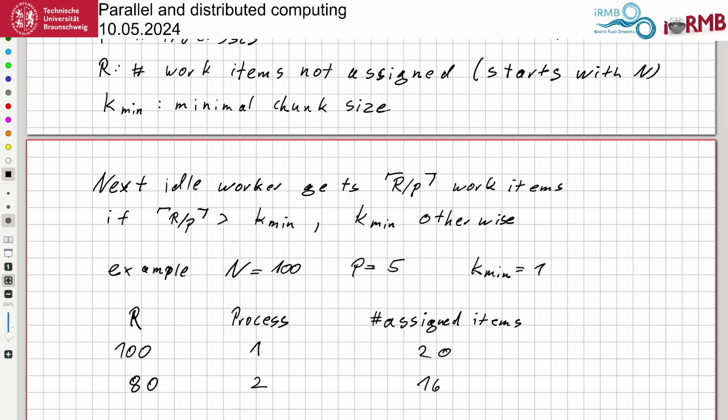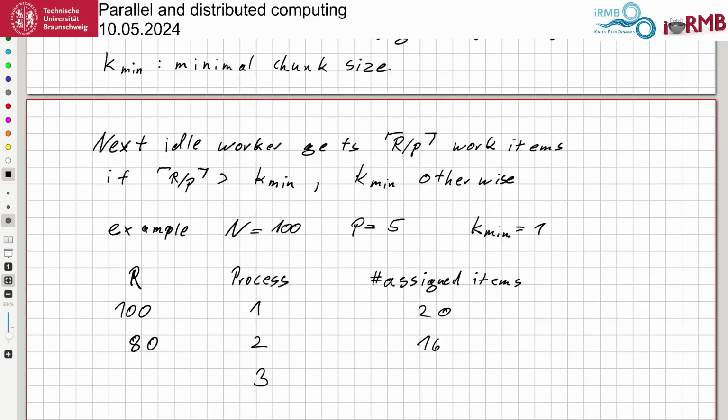Then the third process is coming. So they stand in a row, come to the boss. So the boss gives the first guy 20 work items because he has the most time to do the work. Then the next one starts the work later, so it's less work to do. Yeah, and then number 3.